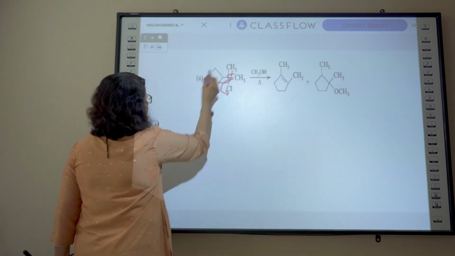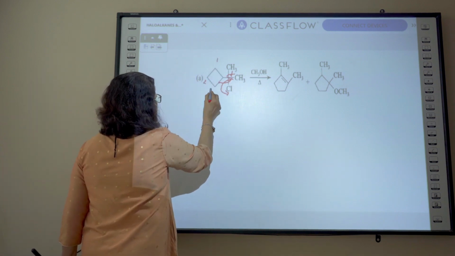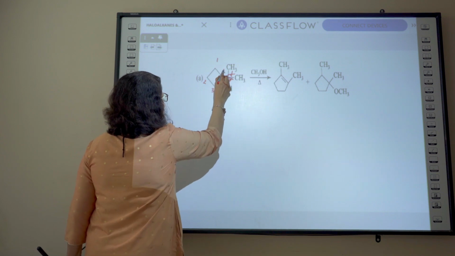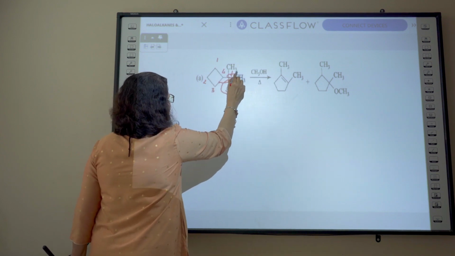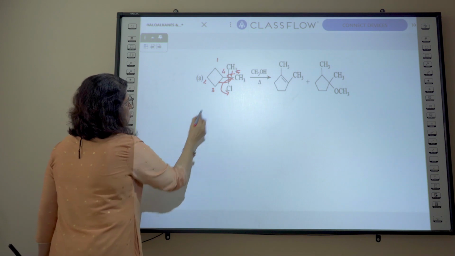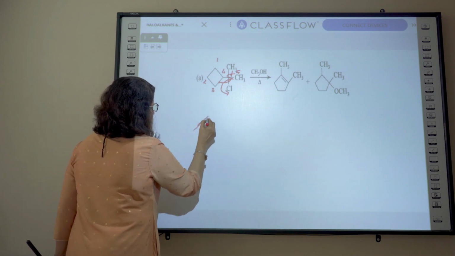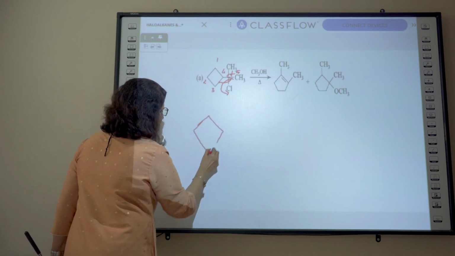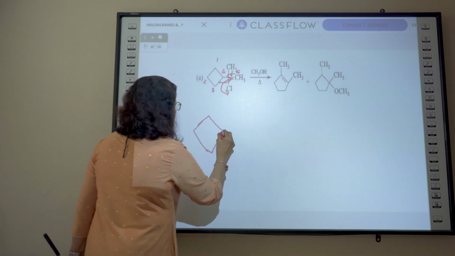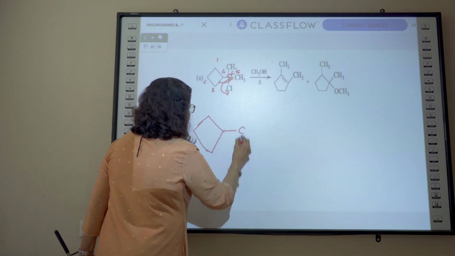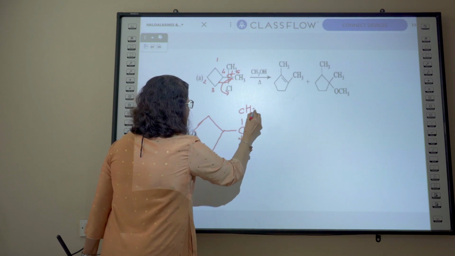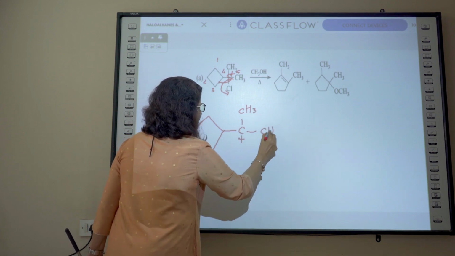So you have this, let me number these carbon atoms as 1, 2, 3, 4, and this carbon atom is the 5th carbon atom. Okay, so let me redraw this structure like this. Here we have a C plus and a CH3. This is the carbocation that we get.